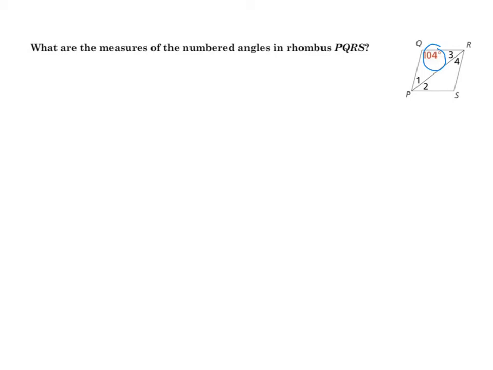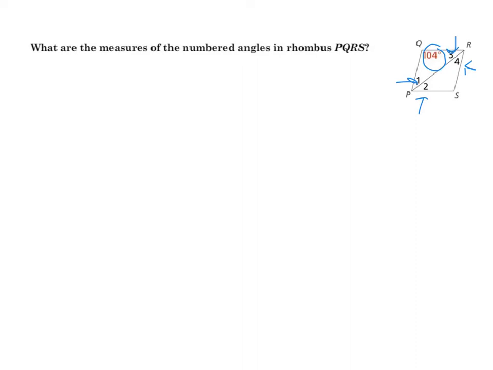One is to do 104 plus 104, subtract that from 360 since this is a quadrilateral, divide that number you get by 4, and that'll give you each of angles 1, 2, 3, and 4. Another option is to take 104 and subtract that from 180 and divide that number by 2, and that'll give you angle 1 and angle 3. So it's really up to you on which route you want to go, but the angle is going to be 38.